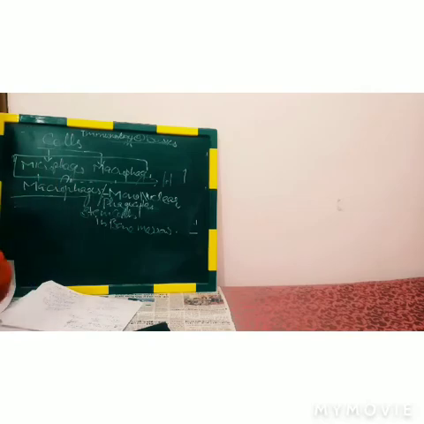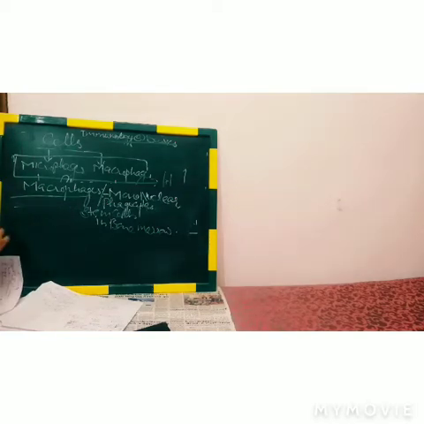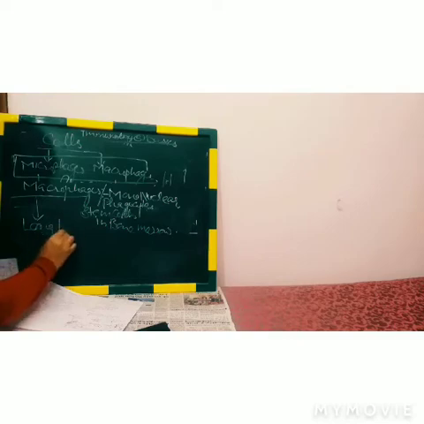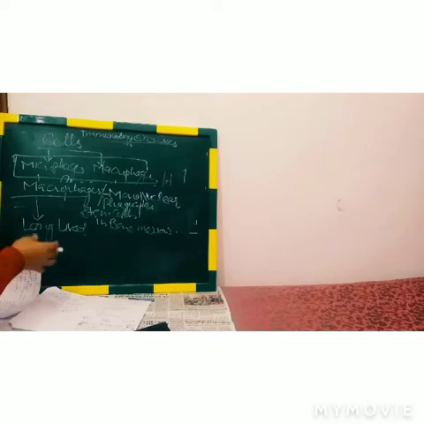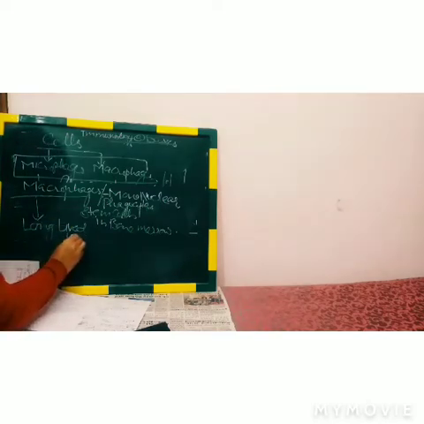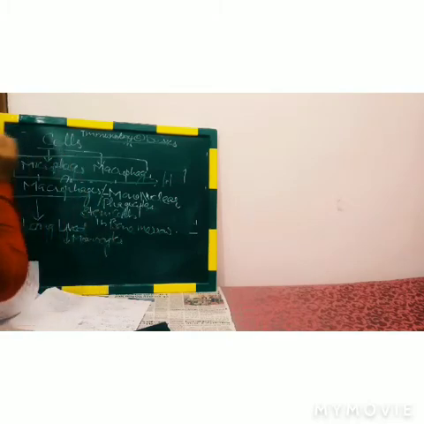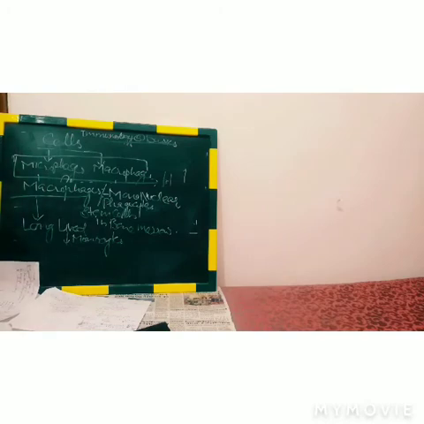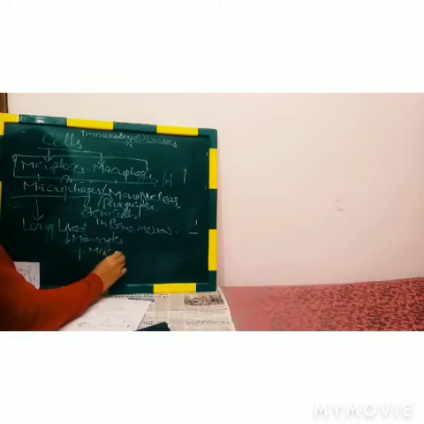So they also have a common origin, but the differences are, one, they are large sized, and second, they are long lived. They are of two types: for example, the monocytes, which are agranular leukocytes, and along with them the macrophages.